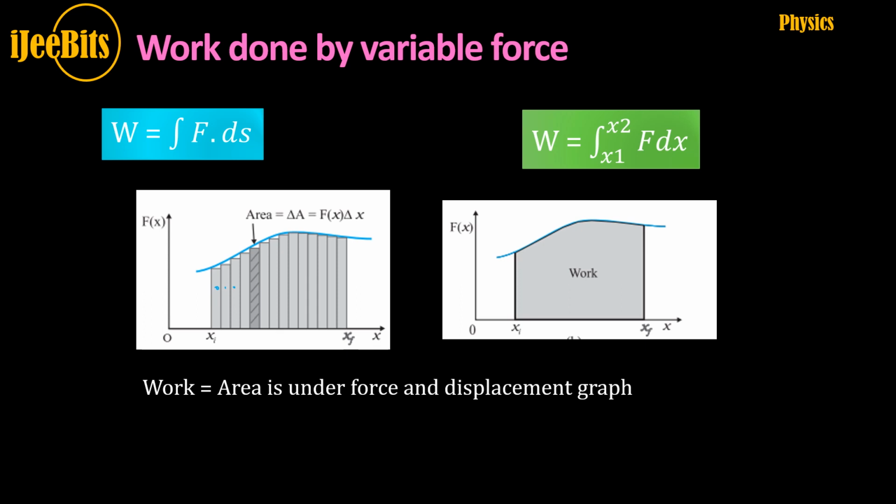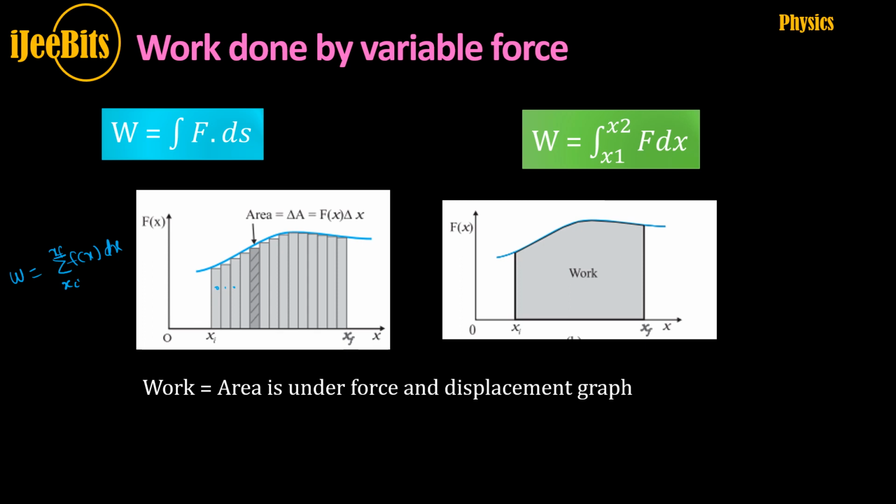So work done equals the sum of f(x) dx, from the initial value to the final value. This is called your total work done in the case of variable force.